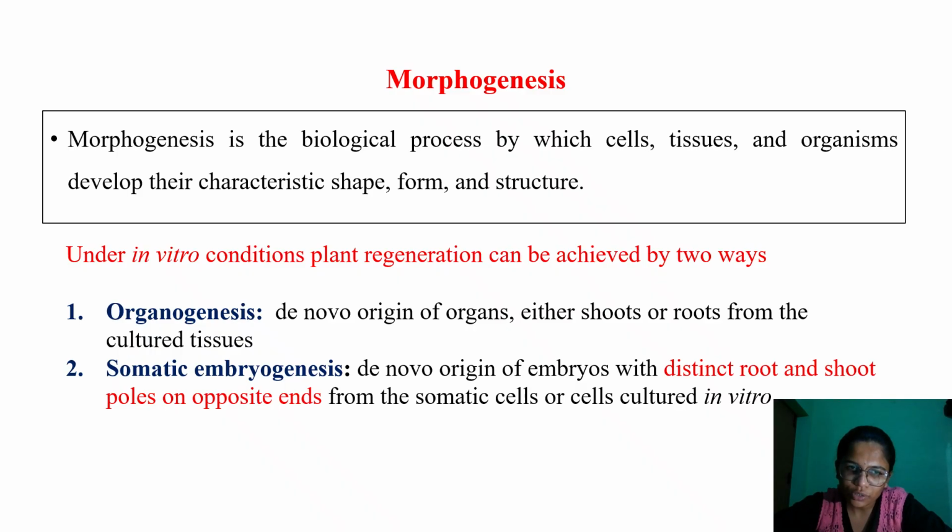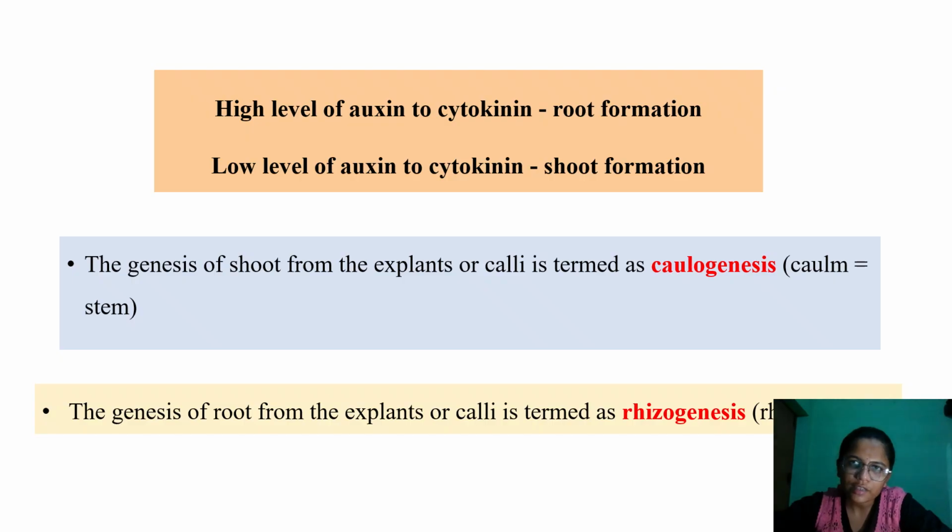In somatic embryogenesis, it will produce roots and shoots from embryos, from somatic cells, and from those embryos it will produce different organs.